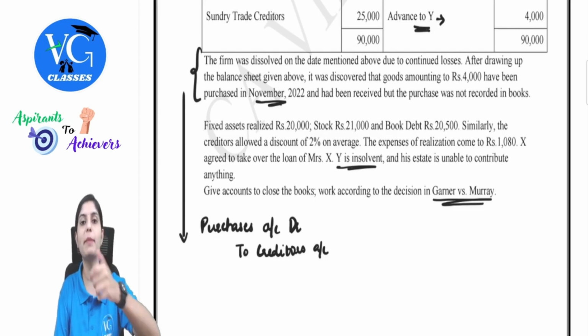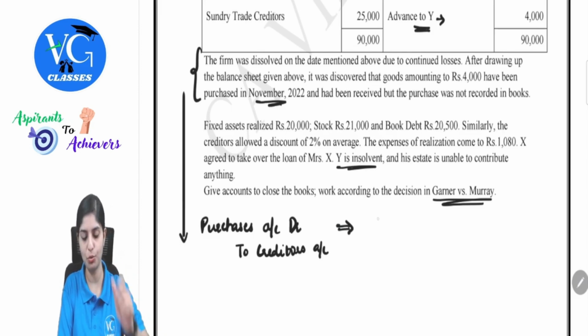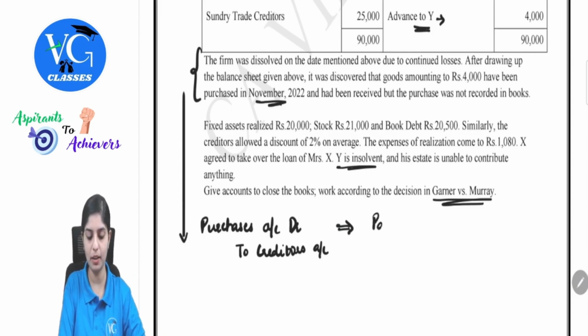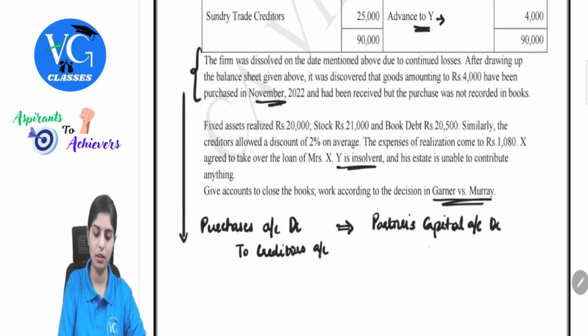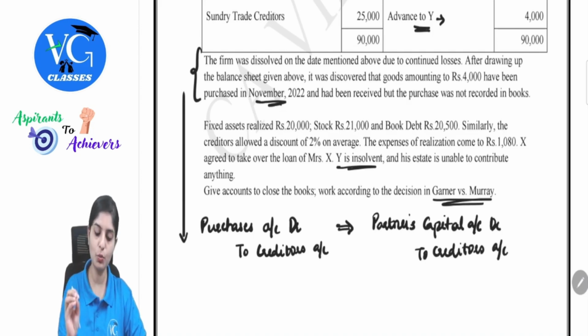So since I have my capital here, I can directly reflect that by showing this entry. So I will impact this variation due to purchase in the partner's capital account. So the entry I can reflect for this will be partners' capital account debit to creditors, because I'm not again opening any profit and loss. Is this understood? So this was due to past year adjustment.